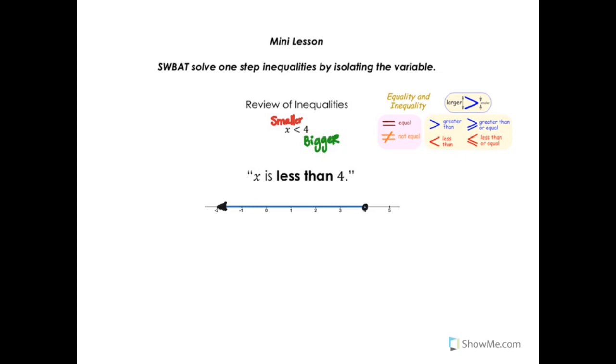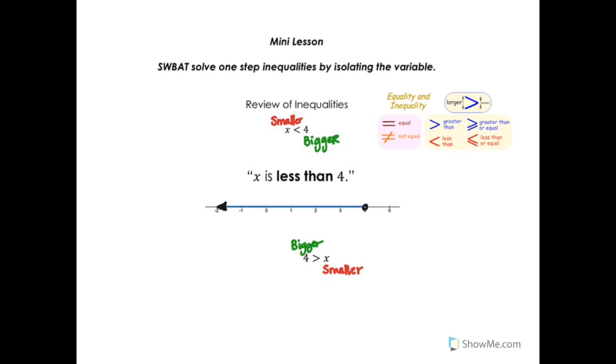One thing that I want you to notice is that sometimes an inequality can look different than what you originally had, but still mean the exact same thing. So for example, if I rewrite our original example like this, you might be thinking, well, maybe this says something different. But again, if we label our sides, the smaller pointy side is still on the x, and the bigger or wider side is still on the positive 4, which means x is still smaller than the number 4.